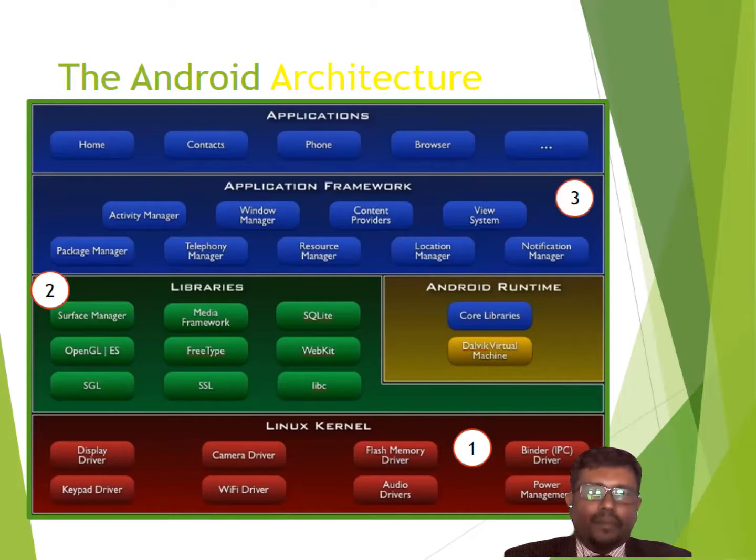Then the third layer is the application framework. This application framework is used to manage all the activities from the perspective of developers. The developers who are developing a new specification or a new feature for the Android operating system, that will be incorporated inside this application framework.